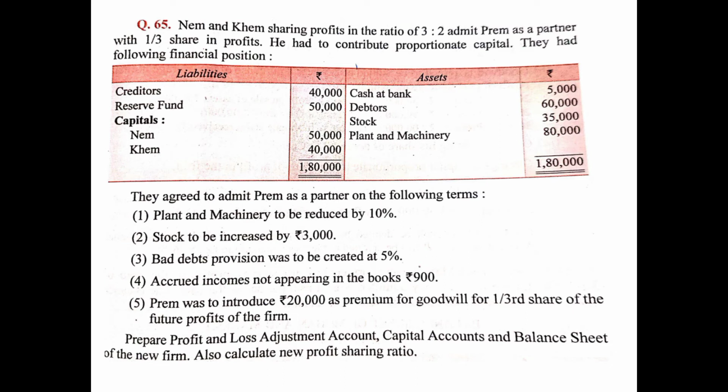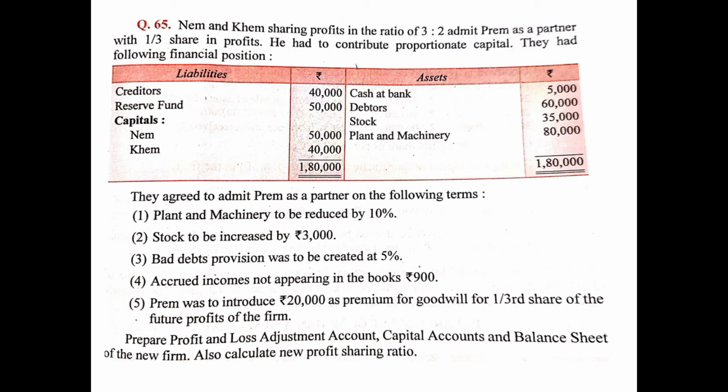Since in this question no information is given about the sacrificing share or the new PSR so that we can calculate, therefore we will assume the old ratio to be the sacrificing ratio. That means this premium for goodwill of rupees 20,000 will be distributed among Naam and Kaam in the ratio of 3:2. The entry for this will be premium for goodwill account debited 20,000 to Naam and Kaam in the ratio of 3:2.